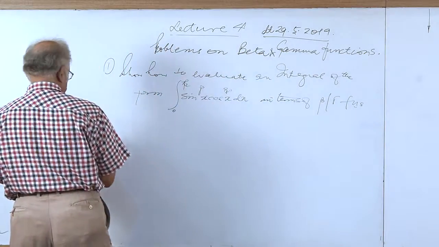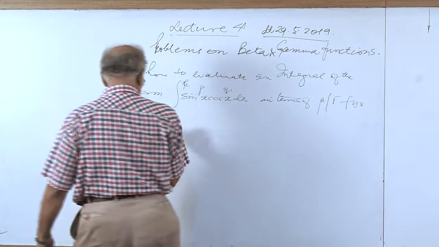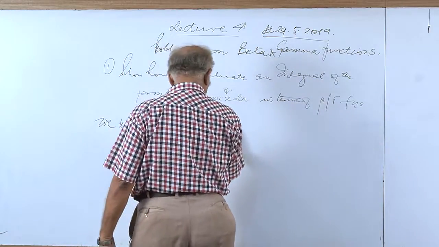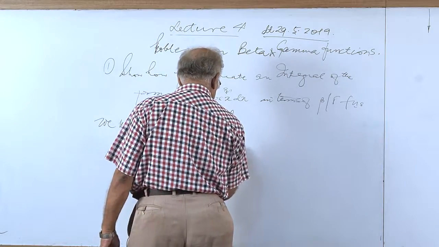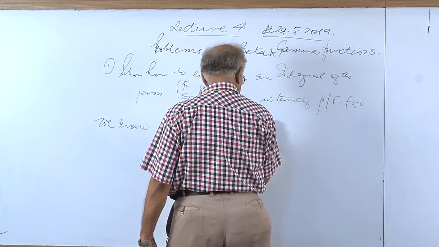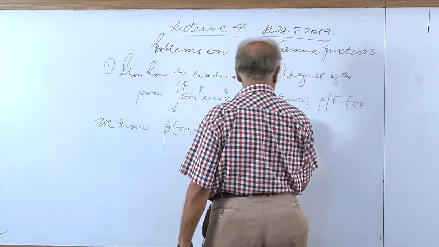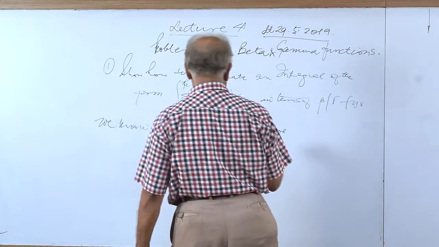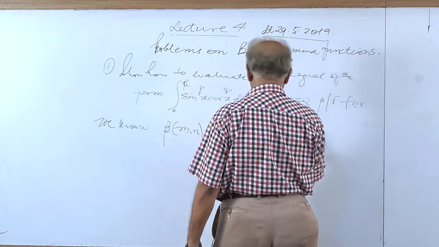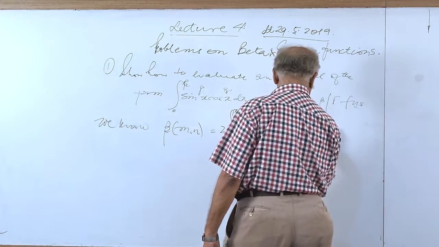We know that beta m n can be written as 2 times the integral 0 to pi by 2 sine to the power 2m minus 1 x, cos to the power 2n minus 1 x dx.